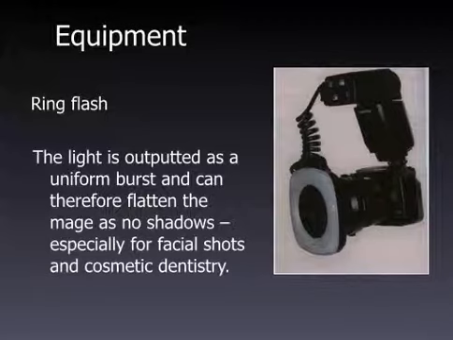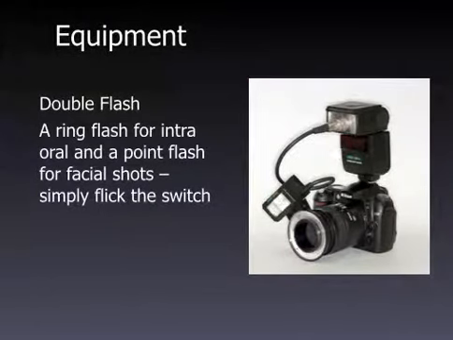However, with a ring flash, when it comes to facial photos, we can get a lot of shadowing, and it can also flatten the face. To help overcome that, you can either use the camera's normal flash, or you can buy a double flash, a combination of a ring flash with a separate point flash where you simply switch between the two.